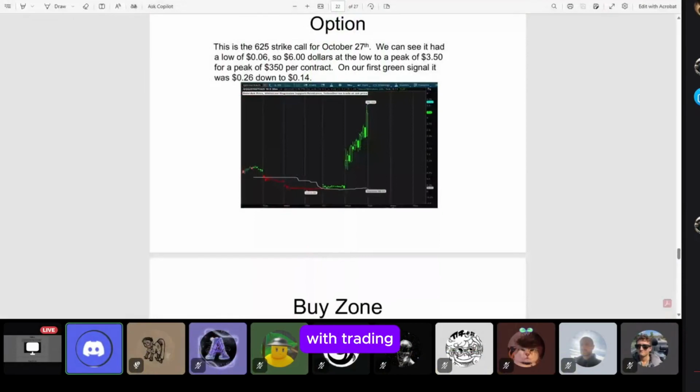Because the whole thing with trading here is, it's a discretionary decision. We don't have anything telling us precisely when to get in, when to get out, but we have these metrics that are hinting to us what the momentum is in the market and what the potential direction can be.